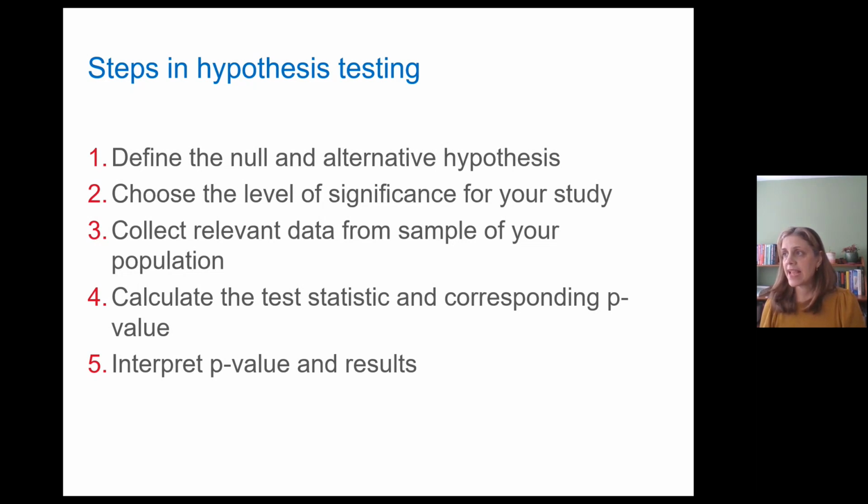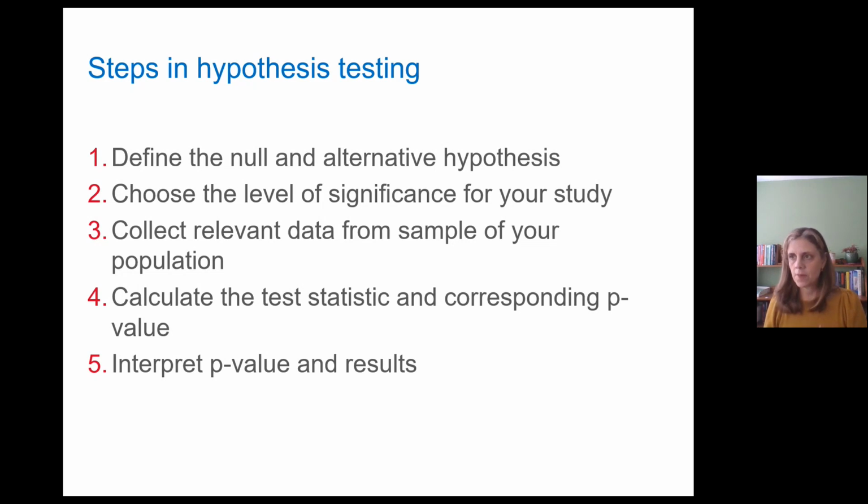You collect relevant data from a sample of your population. So you find your random sample and you collect data to analyze from them. And then you use that data that you've collected to carry out some sort of test.